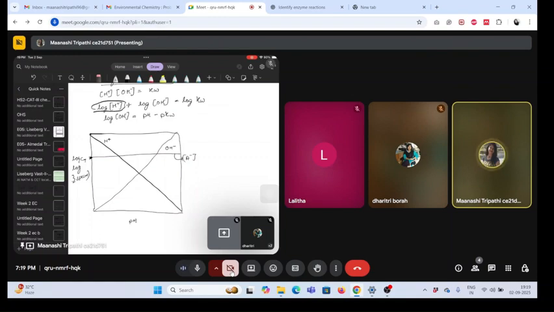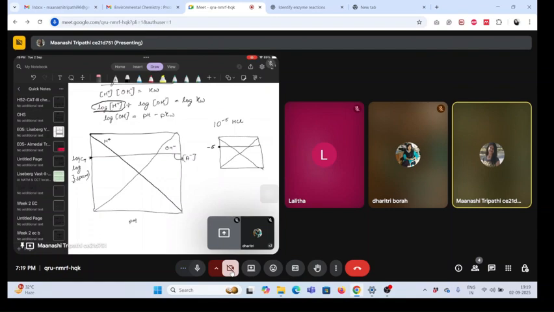For example, if I give you 10 raised to the power minus 5 molar HCl to plot, what do we have to do? Simple. As I told you, this will be H plus, this will be OH minus, and this will be Cl minus. And what will this point be? This point will be minus 5. Simple.